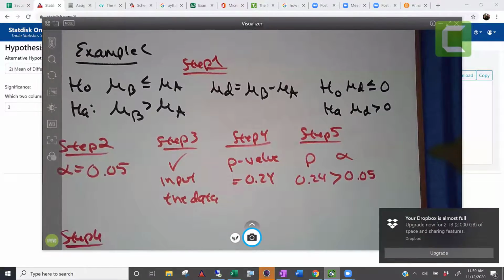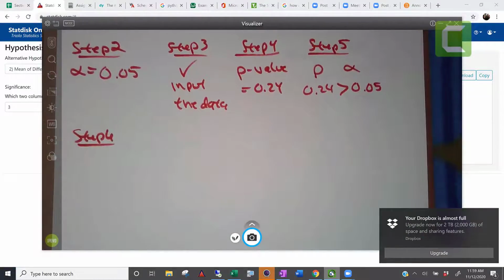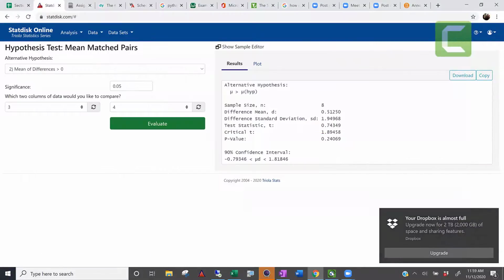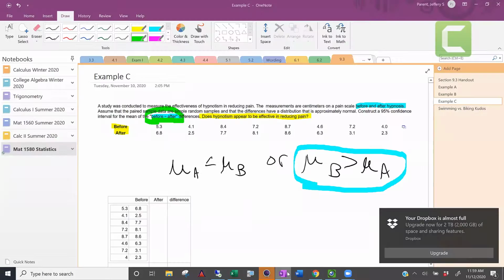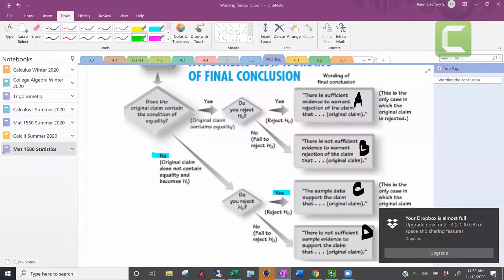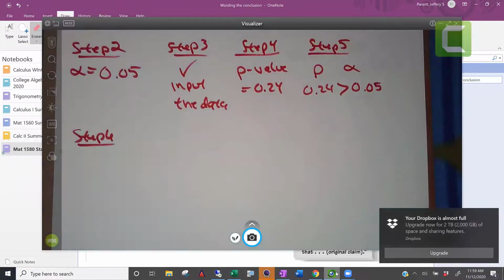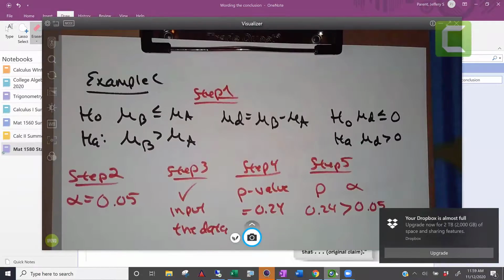And that takes us to step 6. And thanks for your help with that conclusion. So step 6, let's get back to wording a hypothesis conclusion. Let me just erase those real quick. And I forgot to circle something. What did I forget to circle?